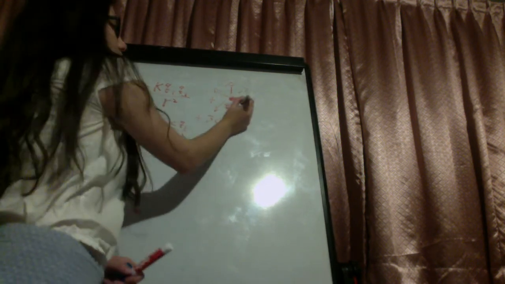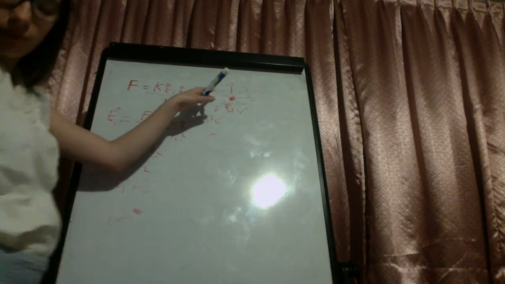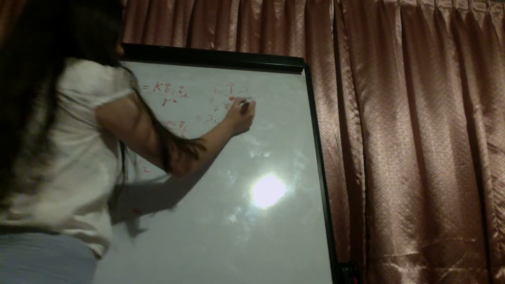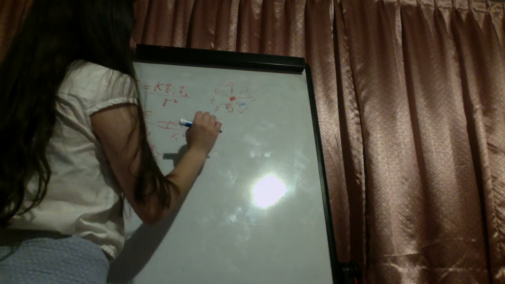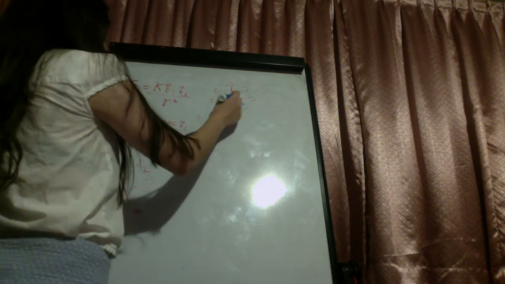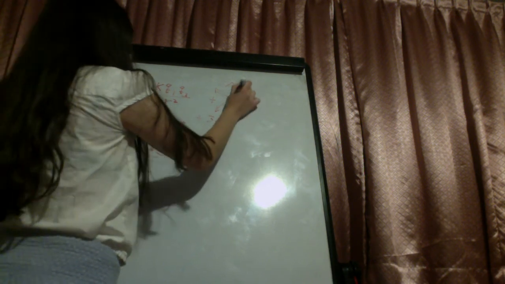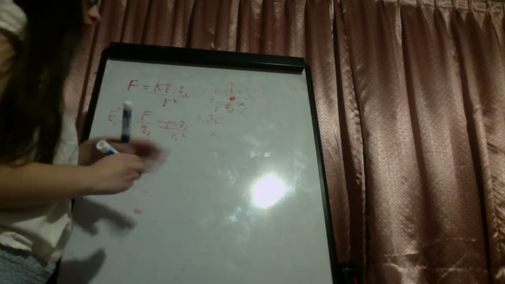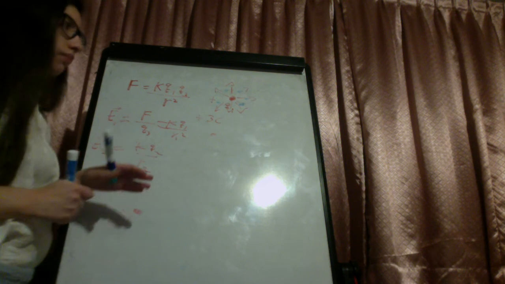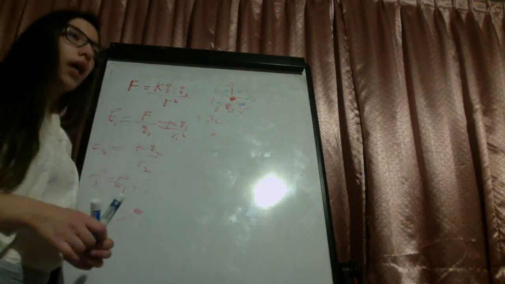For example, here, the voltage between this charge and this, or between this point and this point, is, let's say, the same as this, or as this, as this, as this. So we can draw a contour surface, like is made for temperature or for altitude.